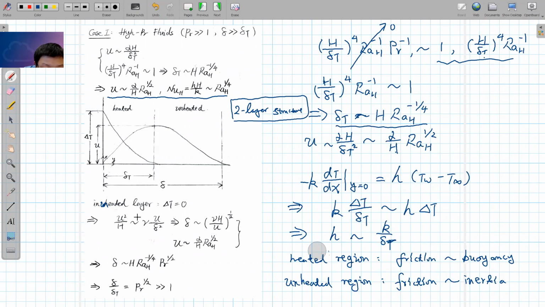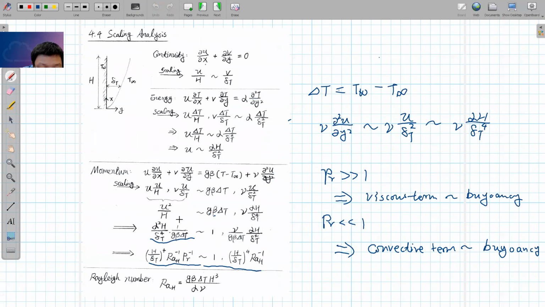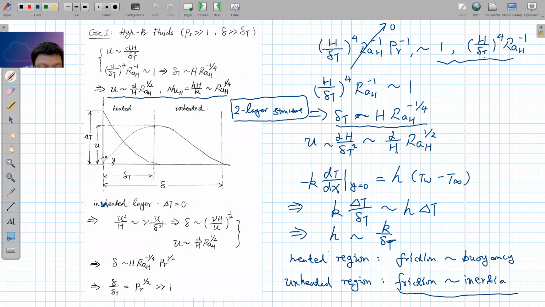Because in the unheated region the friction term needs to be balanced with the convection term, this is the convection term, U squared over H, and this is the friction term, which is mu times U divided by delta squared. So we can also develop the magnitude for the velocity boundary layer, this delta here. We know that delta will be of the order of the square root of mu H over U.